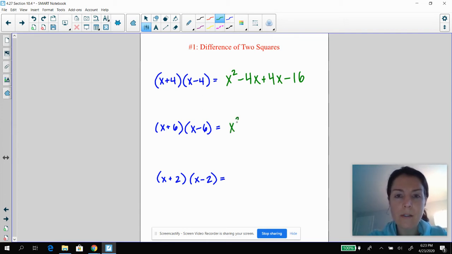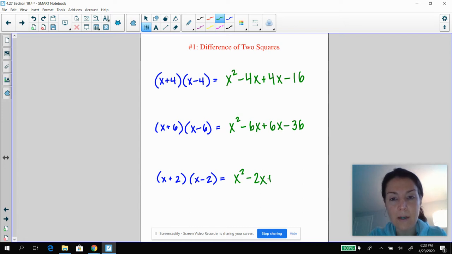So I got x squared for my first. Outer is negative 6x, inner is positive 6x, and last is negative 36. And then for the last one, my first two terms is x squared. My outer two terms gives me negative 2x, inner 2x, and last negative 4.